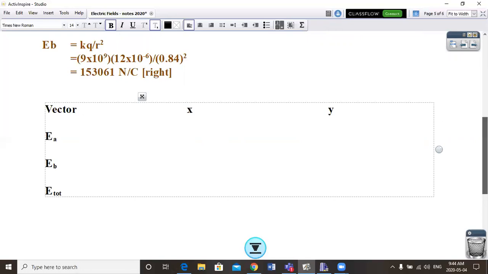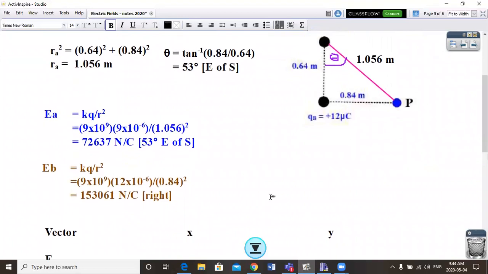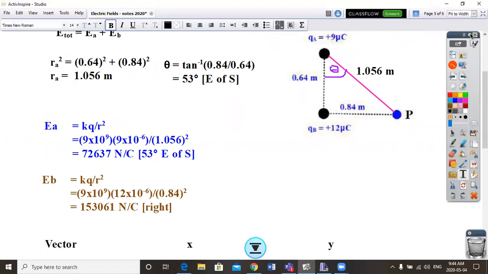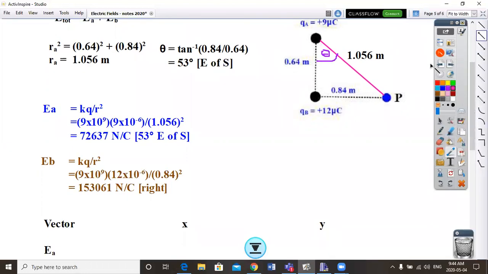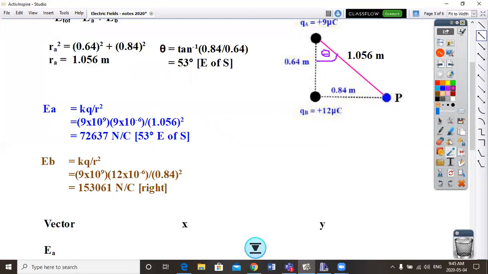Okay, so let's begin. Due to charge A. So here, we could draw the vectors if we want to visualize, which I'm fine with doing so. So the field due to A is going to, oops, not that way. It's going down like that.